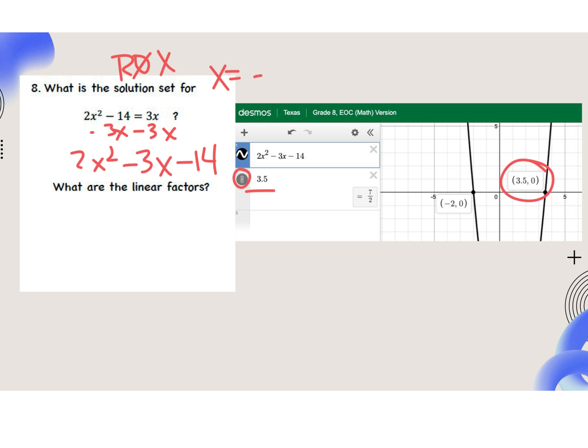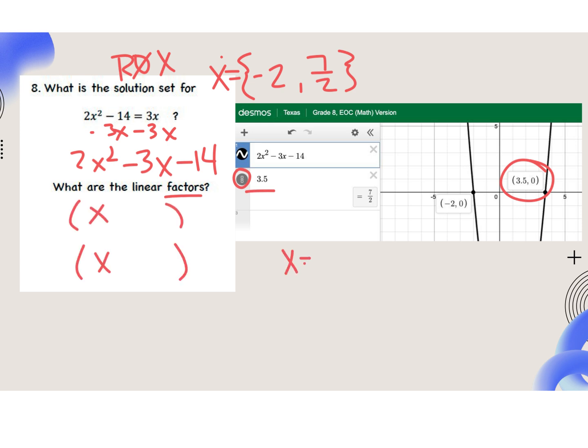So my solution set is -2, and you can write 7/2, or 3.5. But then for our factors, right, that's where x is and the number are on the same side.